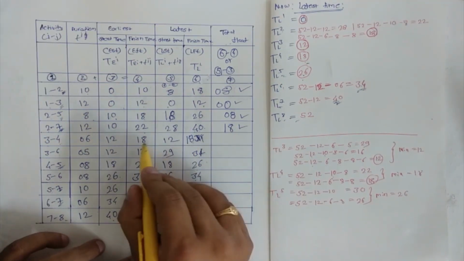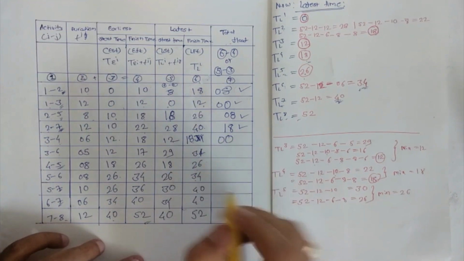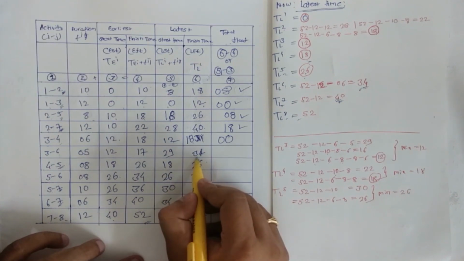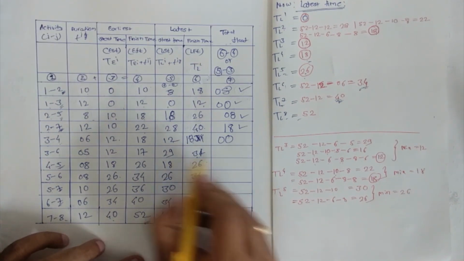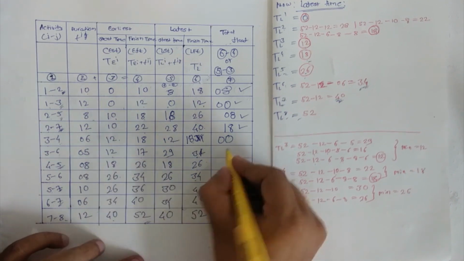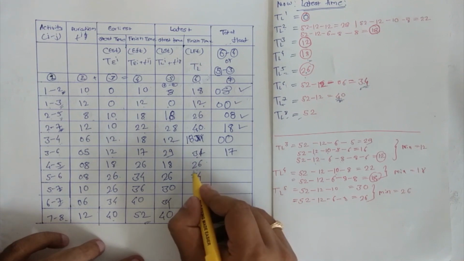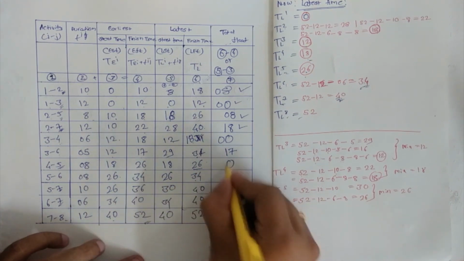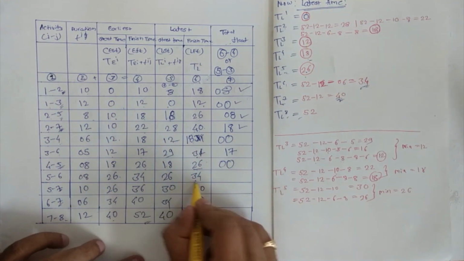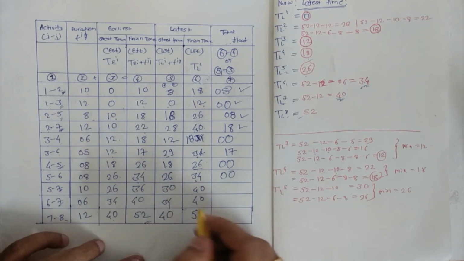So 18 minus 18 and 12 minus 12, it comes to 0, 0. Then 34 minus 17 and 29 minus 12, coming out to be 17. Then 26 minus 26, 0, 0. 34 minus 34, it is coming to be 0. 26 minus 26, 0.